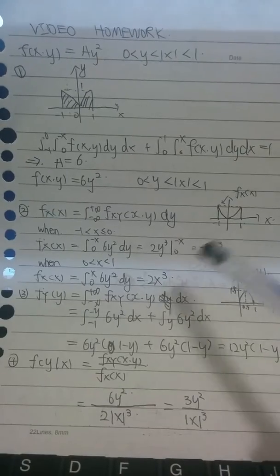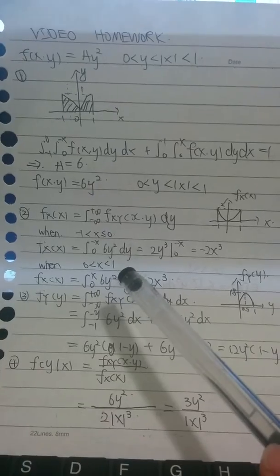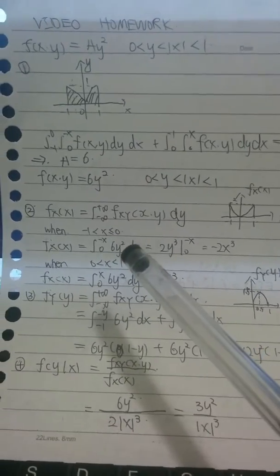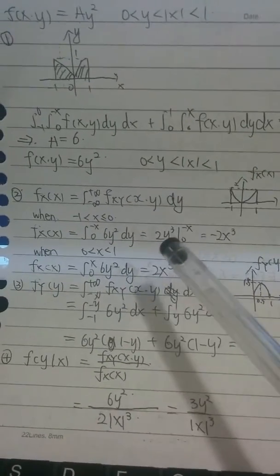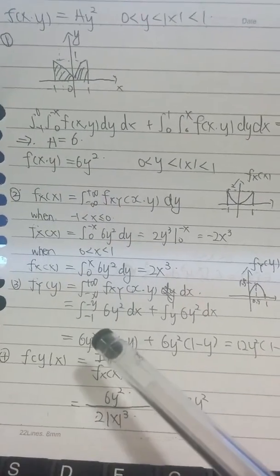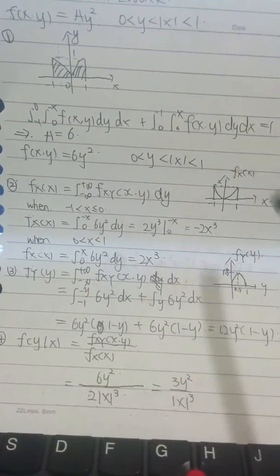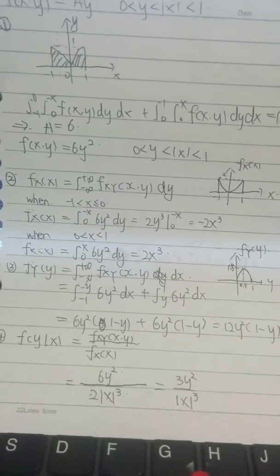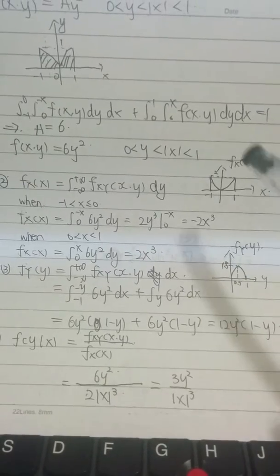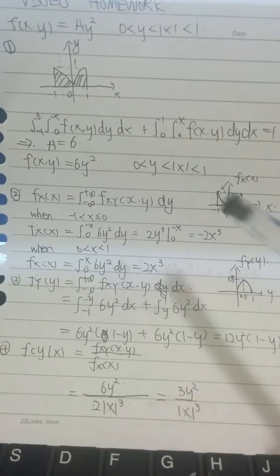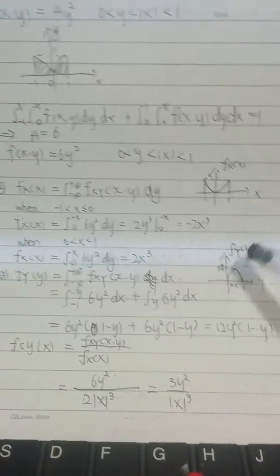And in the second situation, when x is from 0 to 1, I get this value of output. Using a similar idea, I can calculate the marginal function of y, drawing the 2 pictures of x and y. X is like this and y is like this.